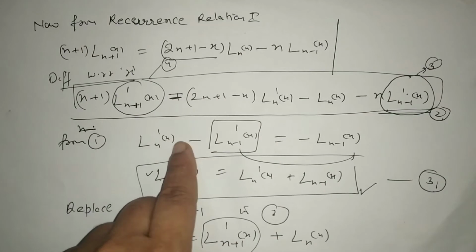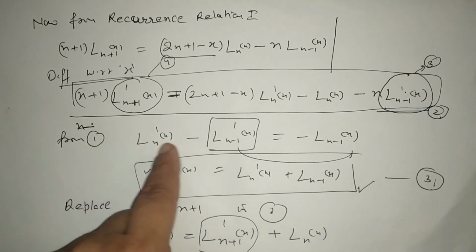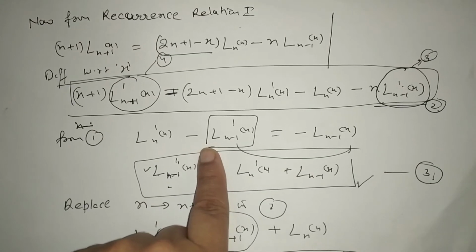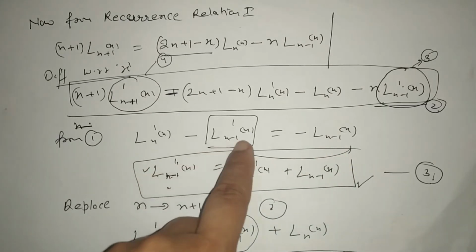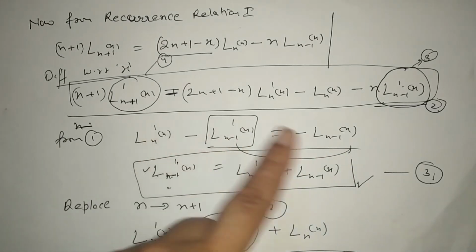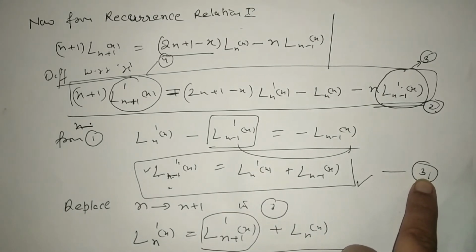Now from the recurrence relation 1, the result we get from differentiating the generating formula, we get this result. Here we just rewrite it, keeping this term on one side and the other two on the other side. So we name it as number 3.